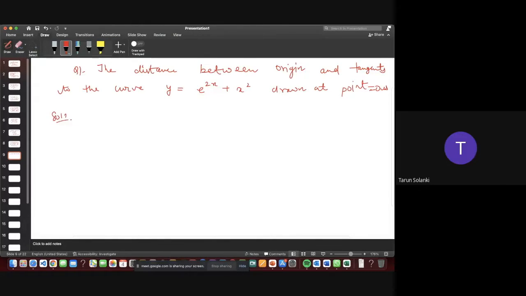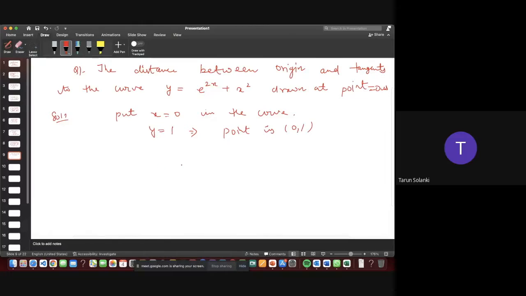So solving, first we'll put x equals 0 in the curve. We obtain y equals 1. So the point is (0, 1).